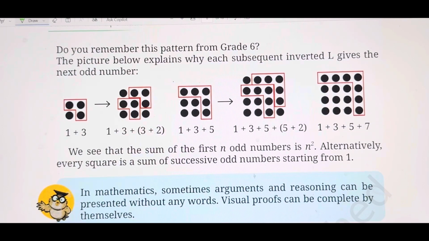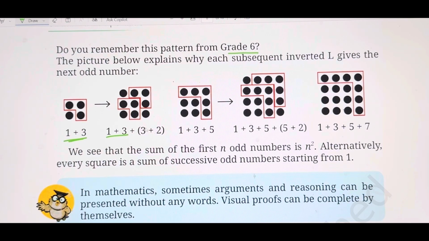Now, those who have studied this in the grade 6 book, the new NCERT Ganita Prakash: the picture below explains why each subsequent inverted L gives the next odd number. Here 1 plus 3 gives you 4. Then 1 plus 3, and another L of 3, and then to make it a square, we need to add 2.